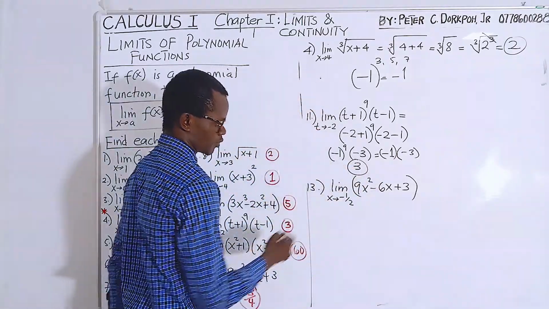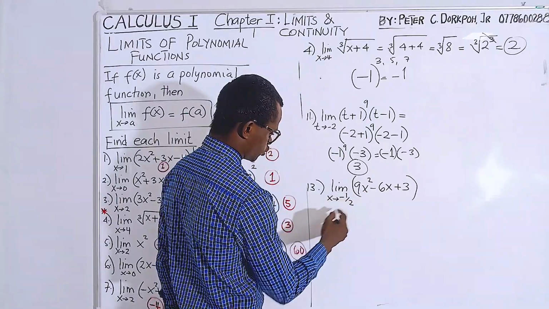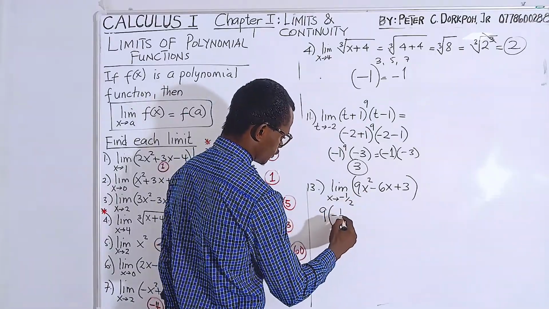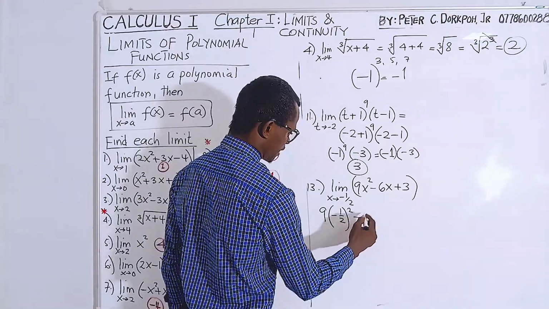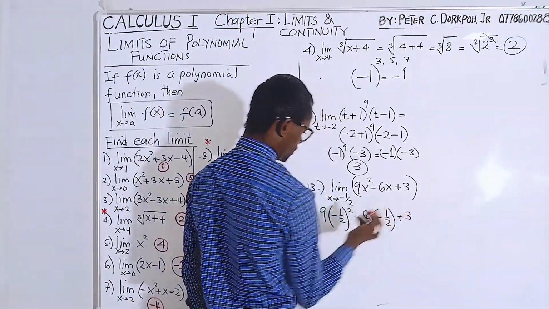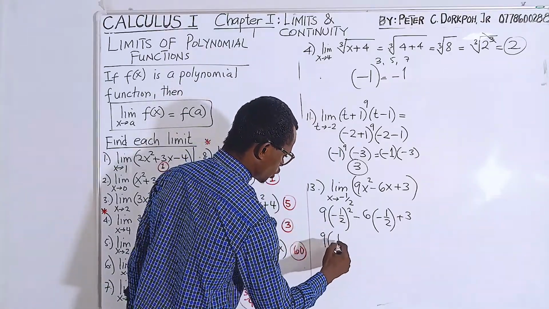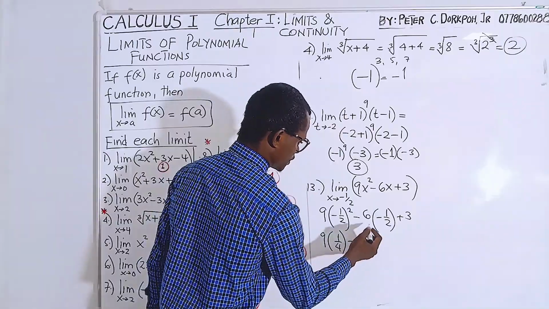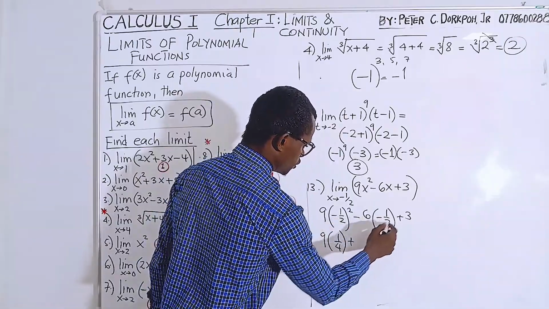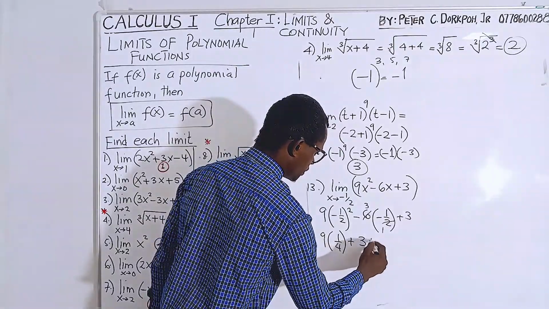So we'll do the last one. Now we're going to replace this x now with -1/2. So it's 9 times (-1/2) raised to the second power, minus 6 times (-1/2), plus 3. So 1/2 times 1/2 is 1/4, minus, now negative times negative is positive. 2 into 8 is 1 times, 2 into 6, 3 times, so it's +3 plus 3.